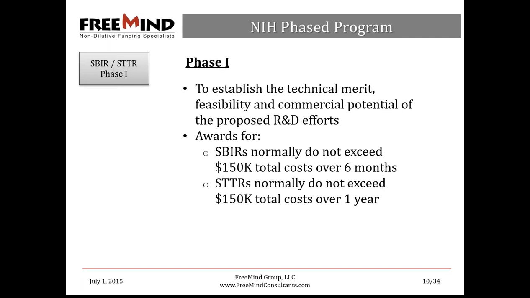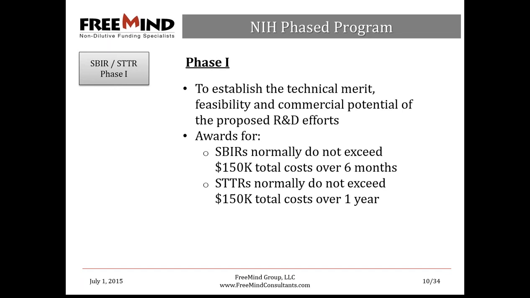Starting with phase 1, this is for more preliminary research than the more advanced phases. The goal is to establish the technical merit, feasibility, and commercial potential of the proposed R&D efforts. Like I said, it is for more preliminary research, and with that in mind, the scope of funding is lower.